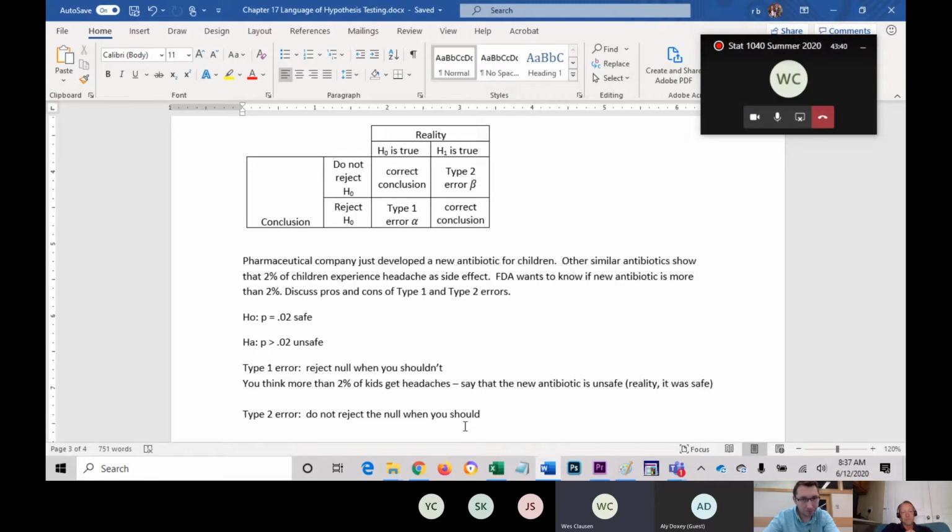You say it's safe when it's not. You say it is safe when it is not safe. You think only 2% get headaches, but more than 2% do.